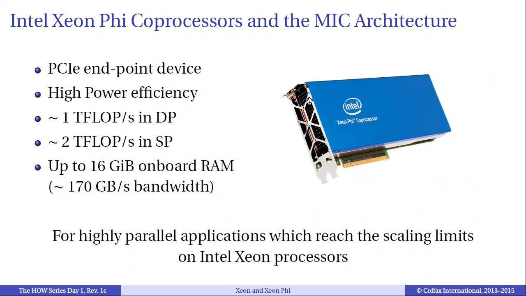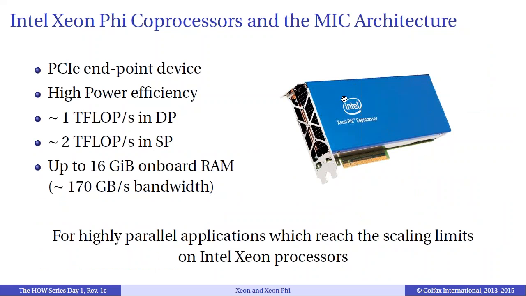So Xeon Phi is a coprocessor. It looks like this. It has a PCI Express connector, and this is how it connects to the main system. The first generation of Xeon Phi can deliver up to 1 teraflop per second in double precision. This is the theoretical peak performance, or 2 teraflops per second in single precision.